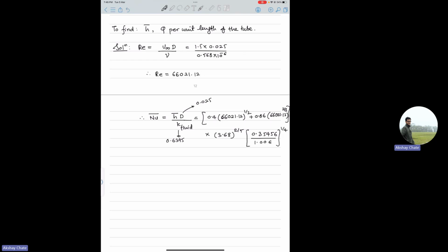So if you plug in all these values and do the calculations properly, you should get H bar, which is the average heat transfer coefficient, as 438.84 watt per meter squared Kelvin.